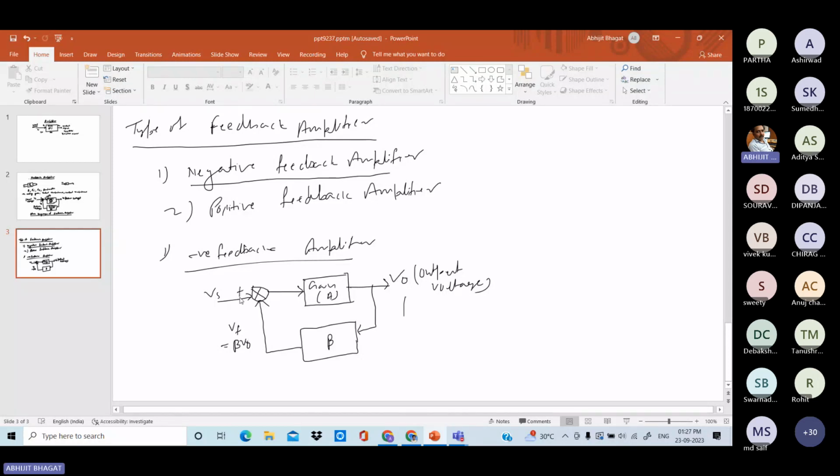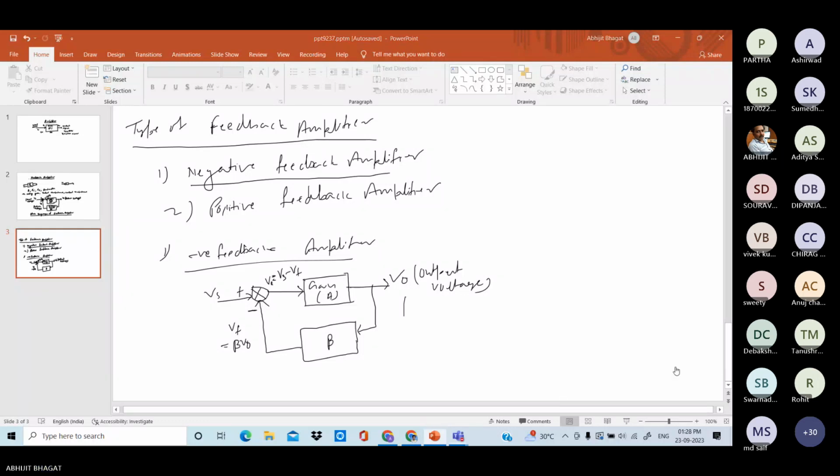This is always positive, and in case of a negative feedback amplifier, this Vf is negative. Vi is the voltage which is going to the amplifier. So in this case, Vi equals Vs minus Vf.